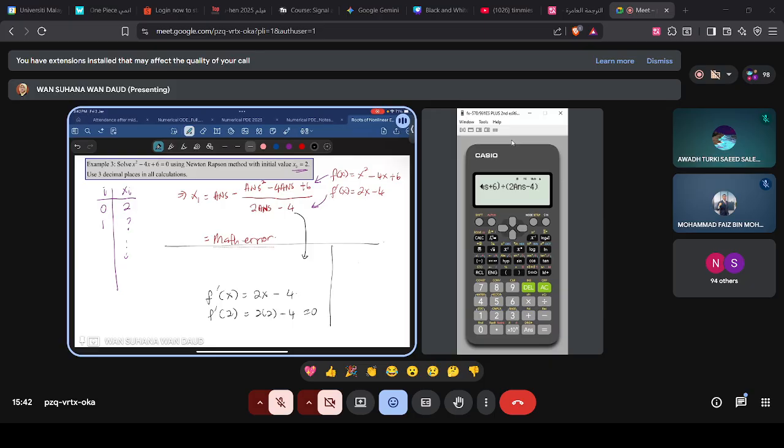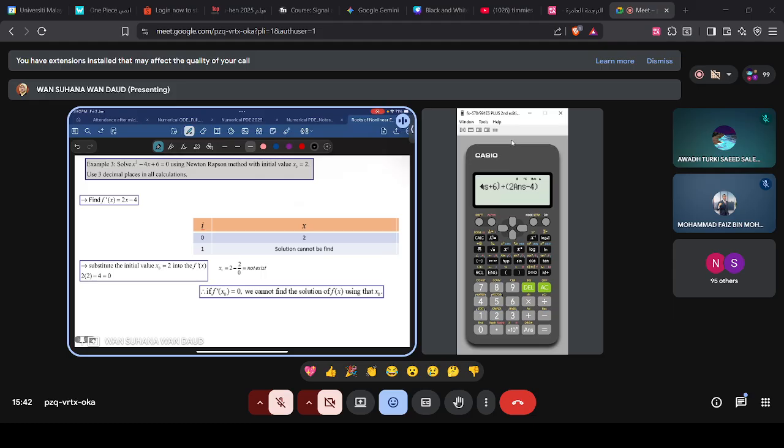Then any value, x squared minus 4x plus 6, divided by 0, will give you math error. So the solution cannot be found if you use the initial value equal to 2 in this case. So you need to find another initial value. Do you understand what I mean?